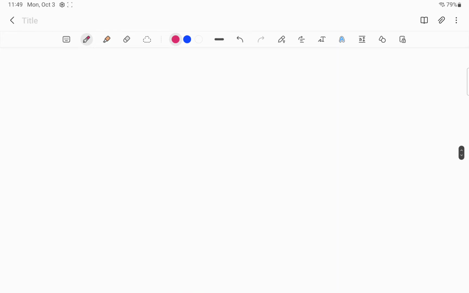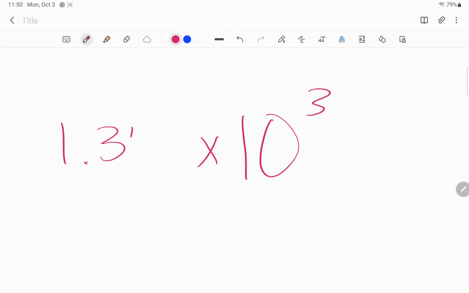All right, now this might seem intimidating to see a 10 to the third power. This is not something that's gone over for a long period of time in 5th grade, but I'll show you how easy it is. 10 to the third power just means it's 10 times 10 times 10. There's 3 of them.